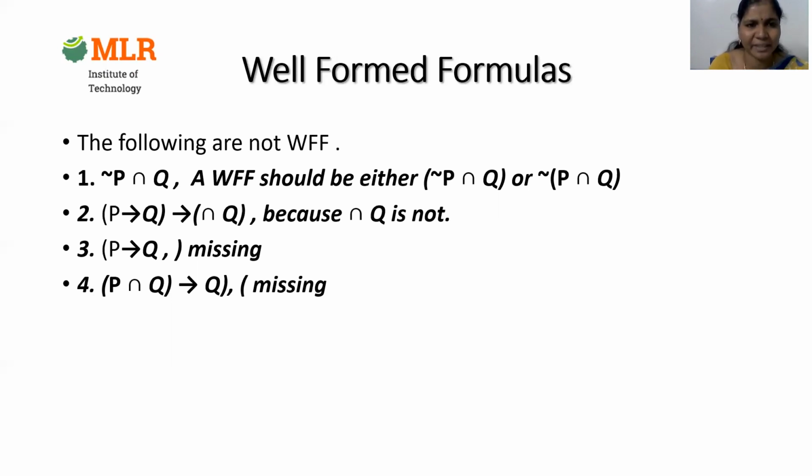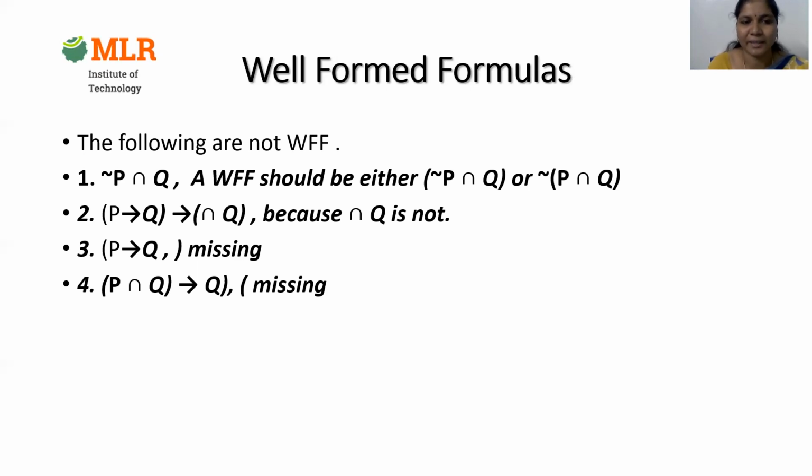Coming to the second statement, with the help of a conditional connective, two compound statements are there. Variables are there, and parentheses are also there. But if we consider the antecedent side, two variables are there with one conditional connective.